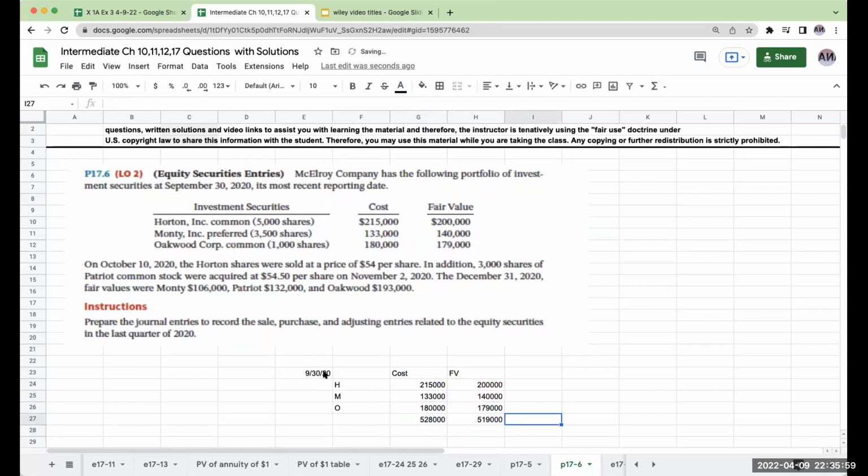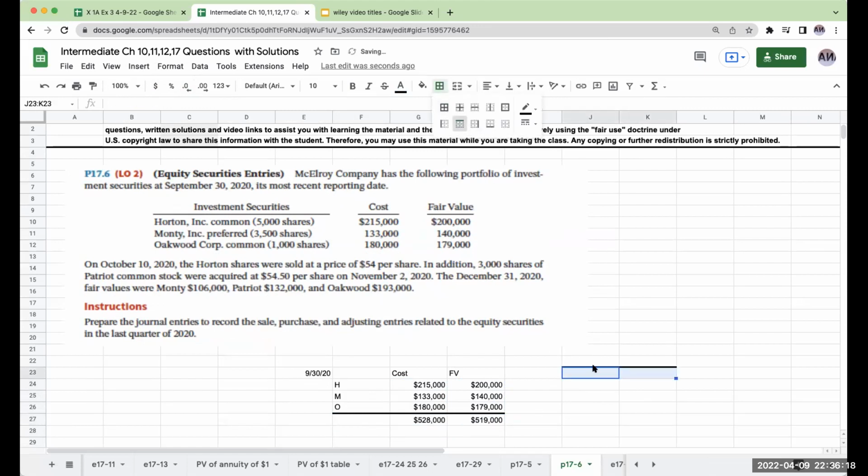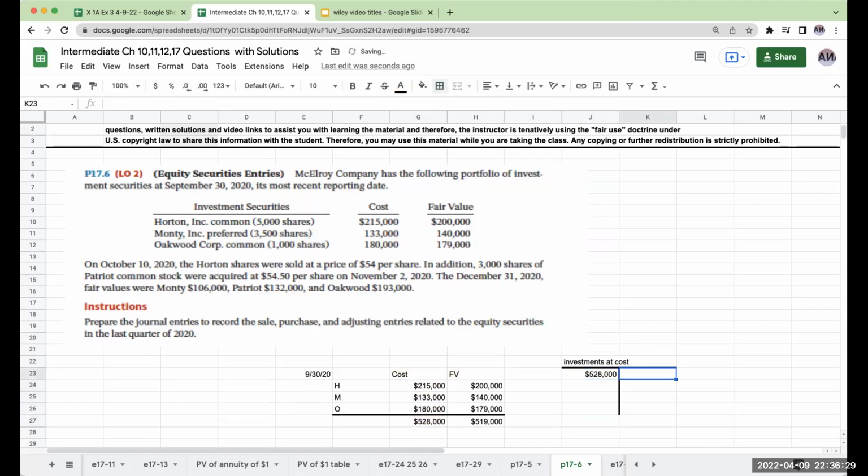What this is telling us is that we had to have an amount in our allowance to reduce. When we're reporting marketable securities, we always have to be reporting them at the fair value. So what we're going to have is our investments at cost, and this would be 528,000.